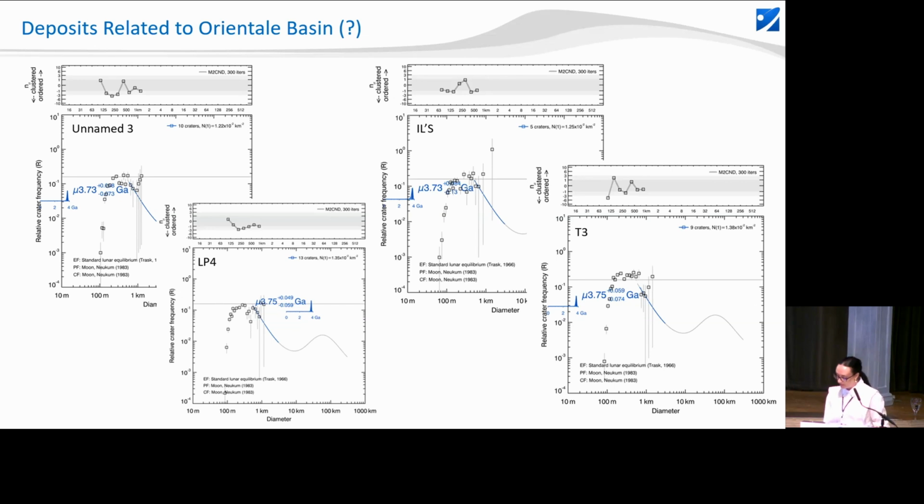And so what we think is going on, where are these planes coming from, is the far side Orientale basin. Now, that is not unlikely because there are older studies and some new counts on the rims of the basin that have this same age.